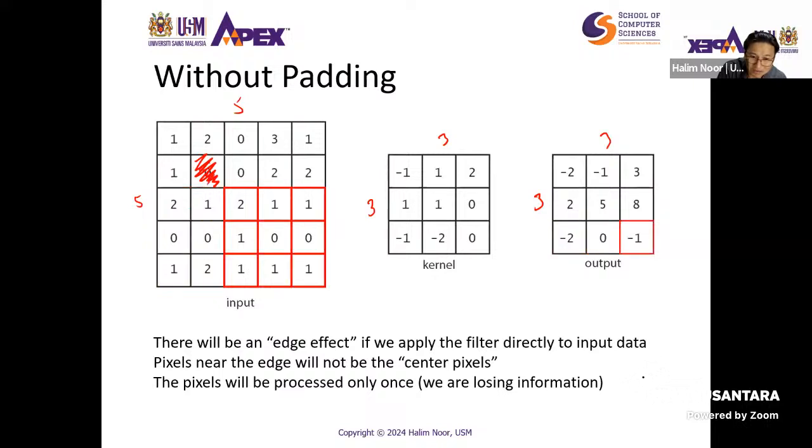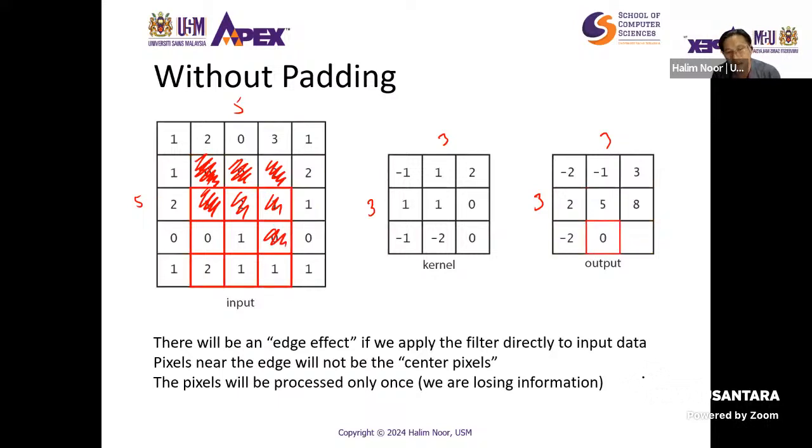When we apply the convolution operation, first we apply it here. This is the center, and then we slide it to the right. Then this is the center, and this is the last region in the top row. Then we slide it down, and we have this computation, another computation, another one, until we reach this one.